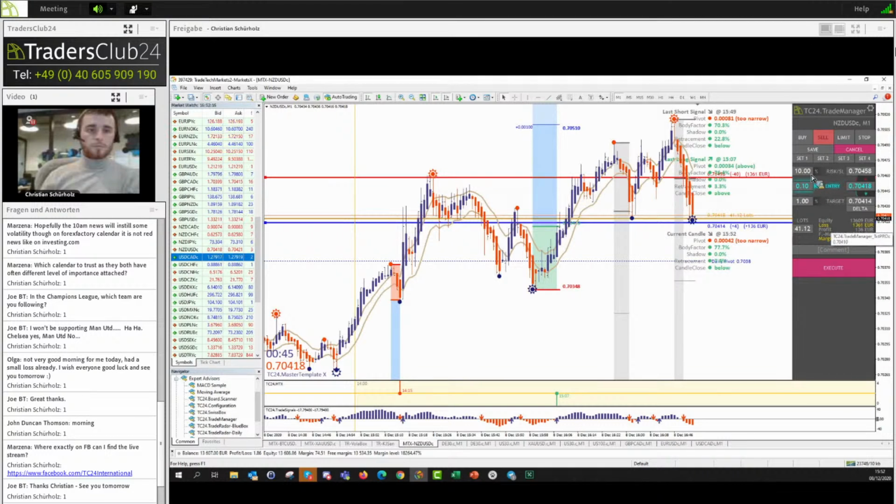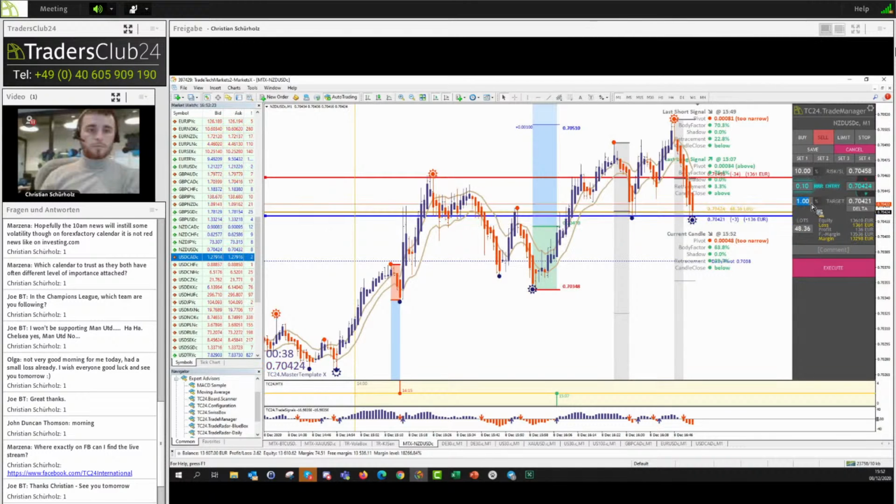And of course, the risk there is 10% of the account. But then again, we're not trying to go for such a big target. A small target is always a safer target.